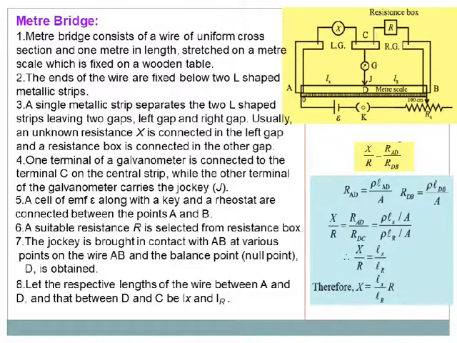Now, how do we find the length? For that purpose, a scale is attached along the wire. Using that scale, you can find the length. The length related to X, the unknown resistance, is known as Lx, and the length to the right side of the potential point D is known as Lg or Lr, whichever it may be.